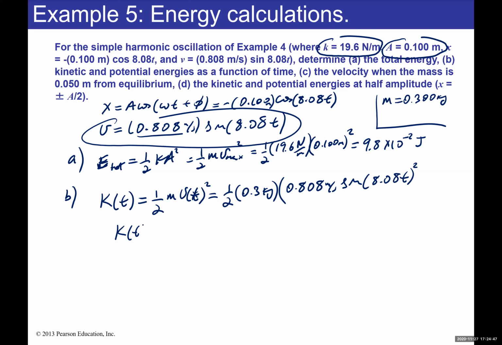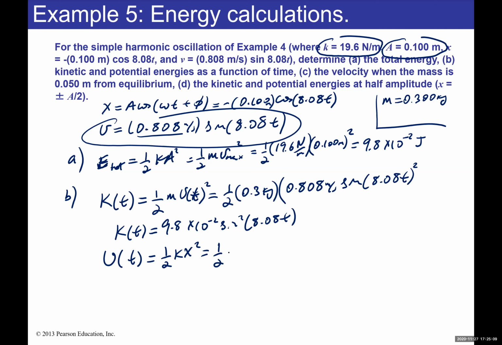So then kinetic energy as a function of time will be 9.8 times 10 to the negative 2, then sine squared 8.08 t. Same with the potential energy as a function of time, which is 1/2 kx squared, when 1/2 times k was 19.6 newtons per meter, then times the negative 0.1 meters, then cosine 8.08 t, then I square that.